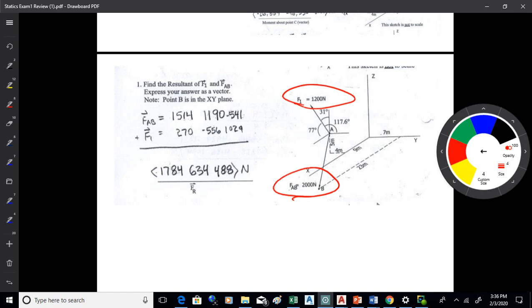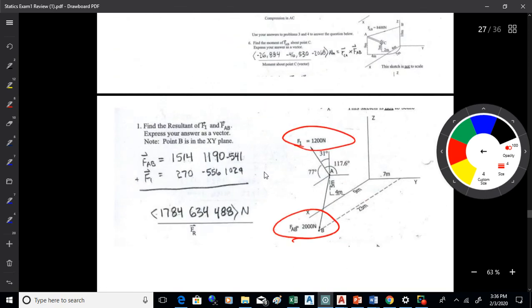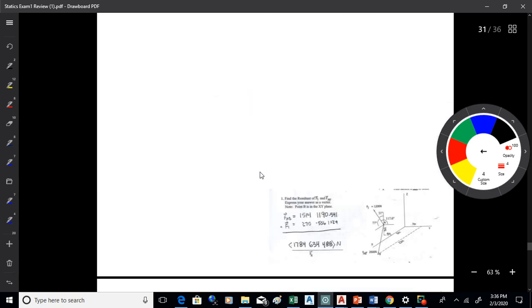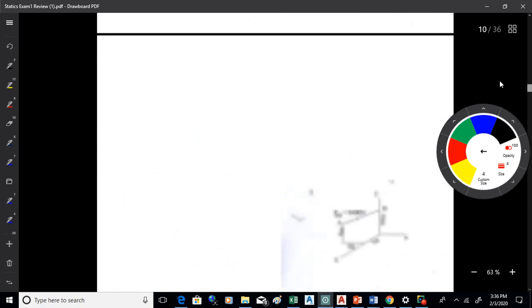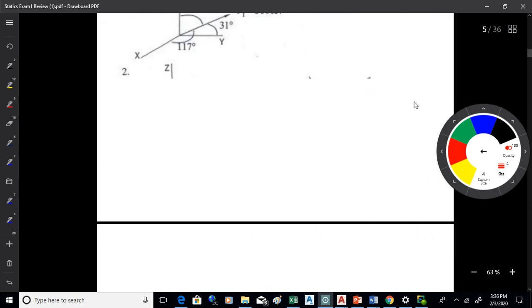Okay? And then you just add the two together to get the resultant. So there's a resultant problem with some new vectors. Okay? So you would have to find those.